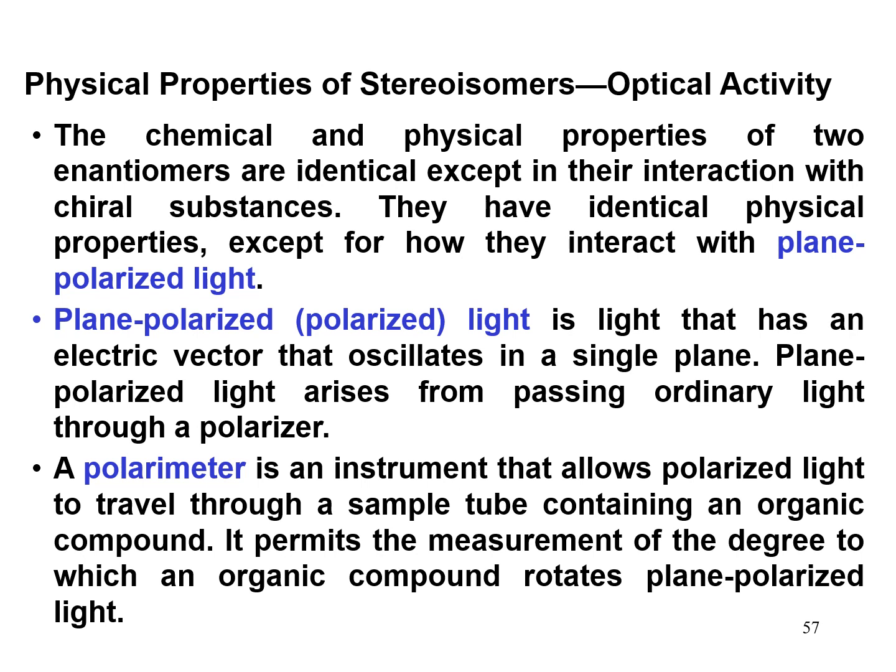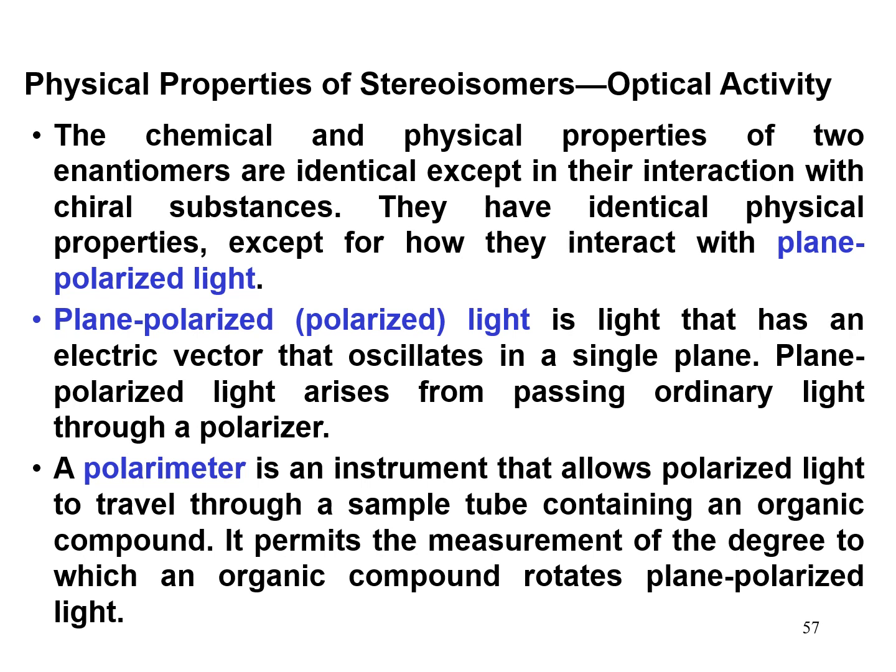Plane polarized light is light that has an electric vector that oscillates in a single plane, and it arises from passing ordinary light through a polarizer. A polarimeter is an instrument that allows polarized light to travel through a sample tube containing an organic compound. It permits the measurement of the degree to which an organic compound rotates plane polarized light.